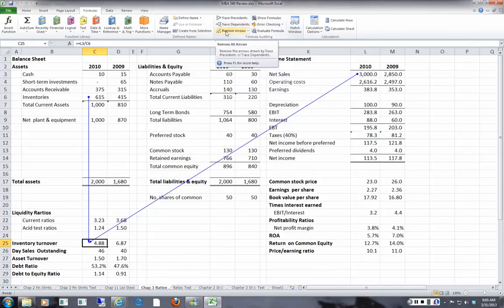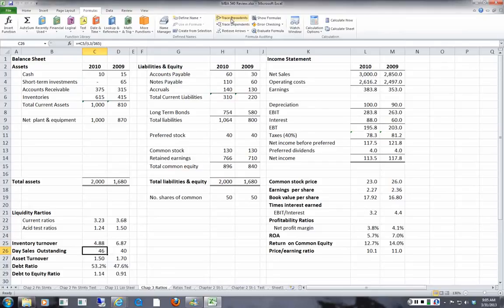That's probably very good. Now we're going to take the day sales in receivables, which takes the receivables, 375, and divides that by the average daily sales. The average daily sales takes that 3,000 in sales and divides it by the number of days in the year, which is 365.